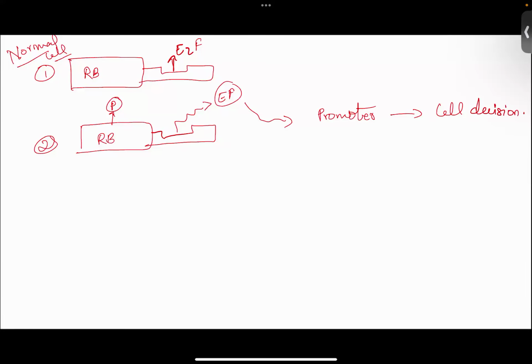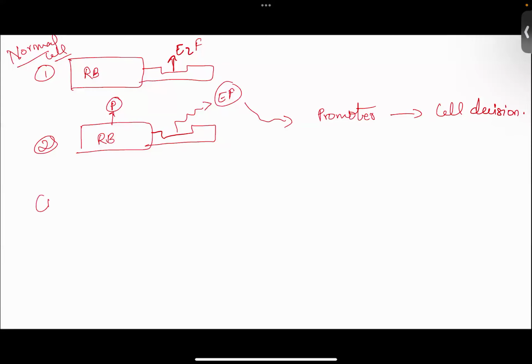It activates the genes required for cell division. Understood? This is how it happens in the normal case, but usually they are bound together, and because of that cell division doesn't happen.